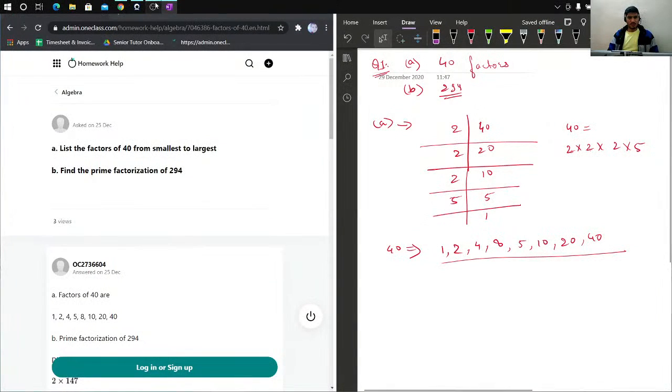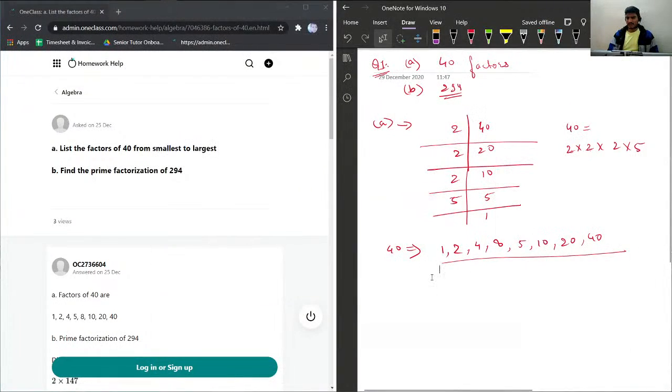I don't know what kind of problems I'm facing with the internet today, but yeah. So the factors were 1, 2, 4, then 5, then 8, then 10, 20, 40, and the answer given here is the same.